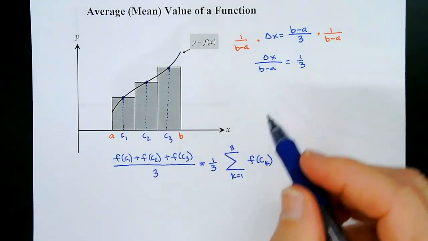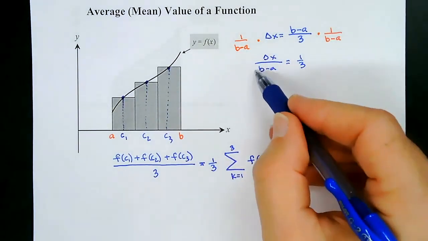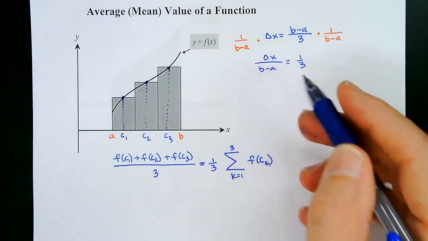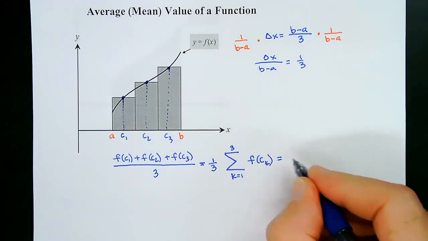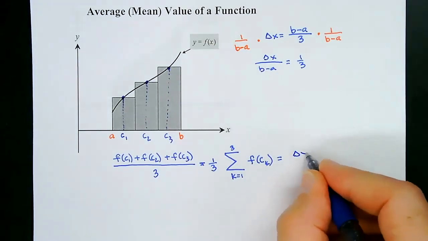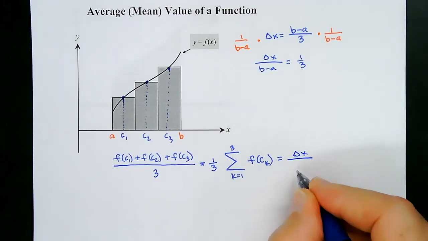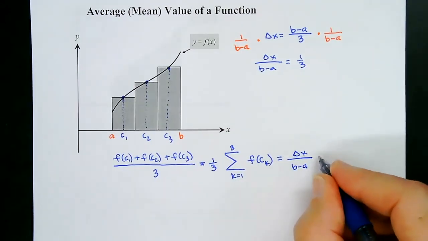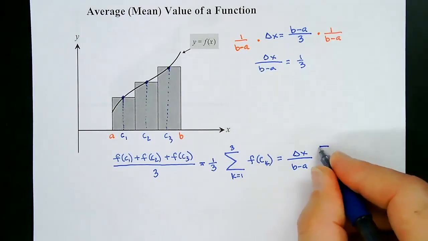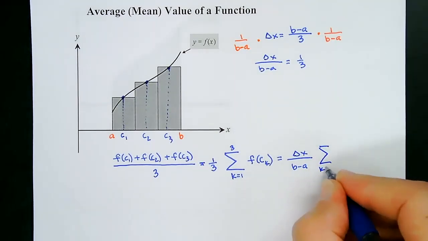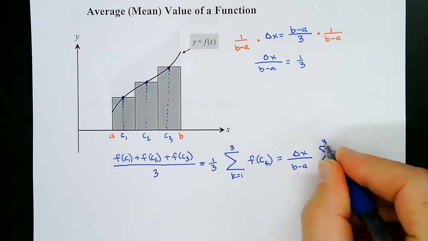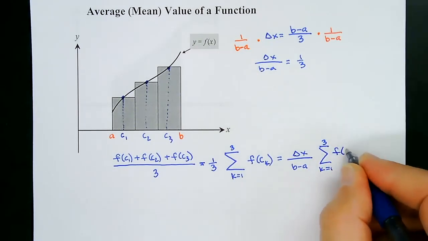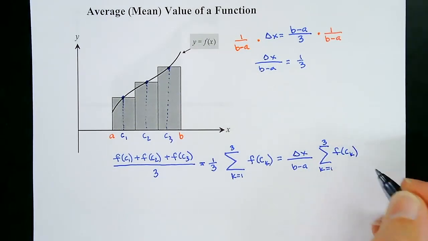So that means this 1/3 can be replaced with delta x over b minus a. And that's what I'm going to do. So I'm going to write this as delta x over b minus a, and then sigma k equals 1 to 3 f of c sub k.